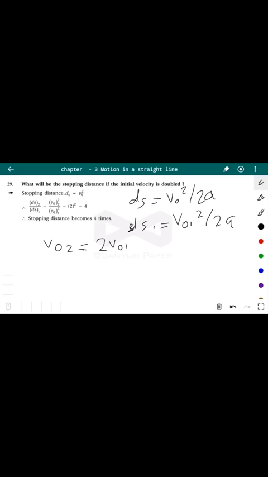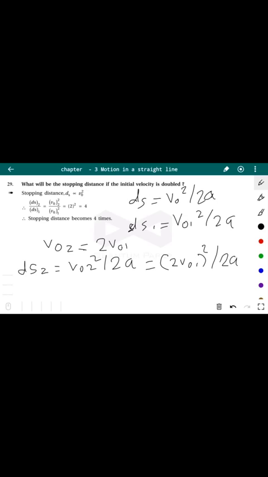Writing the general equation, the stopping distance ds2 for the second situation equals v02 square upon 2a. Here v02 is twice that of v01, so instead of v02 we will write 2v01 whole square, and the denominator remains as it is.